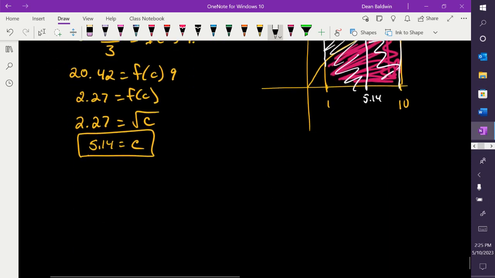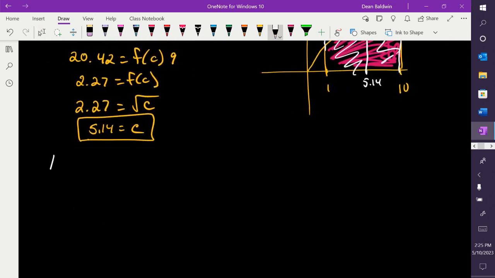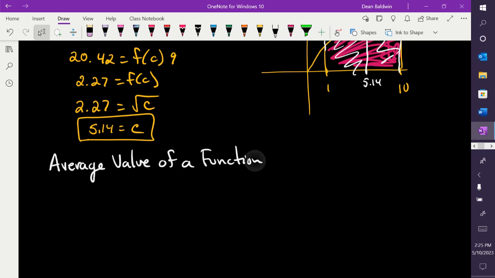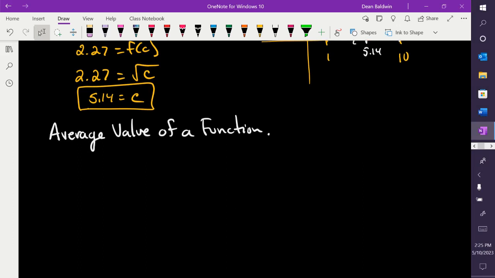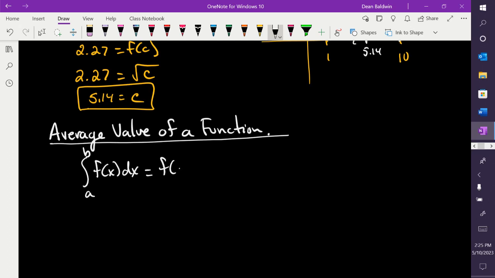Now, if you get asked for the average value of a function, this average value of the function is f of c. So the mean value theorem says the integral of f of x dx from a to b is equal to f of c times b minus a.